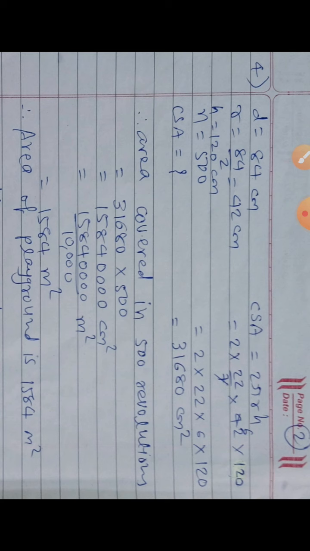Why? The square of 100 is also done there. And 1 meter cube is equal to 100 raised to 3 centimeter cube, means 10 lakh centimeter cube. Okay, so be careful here. 1 meter square is equal to 10,000 centimeter square.